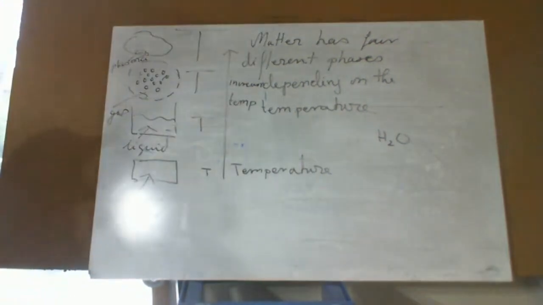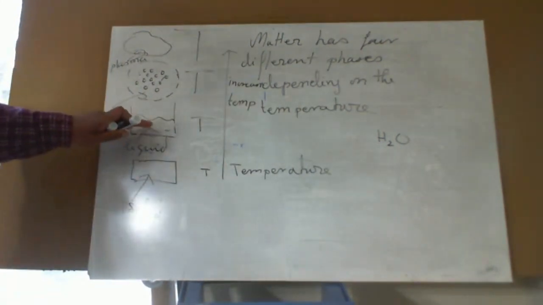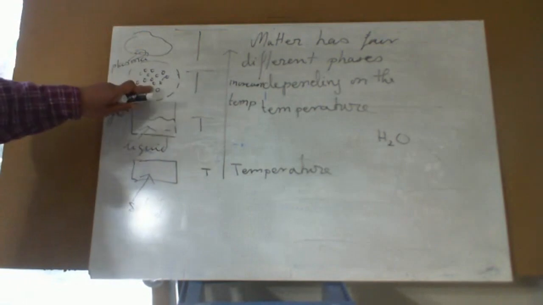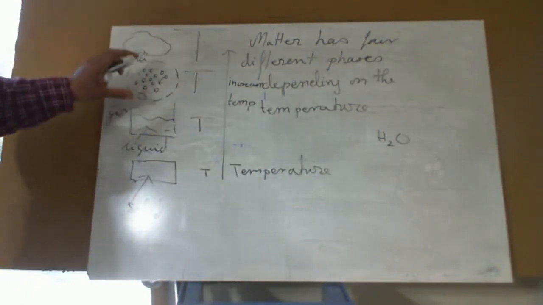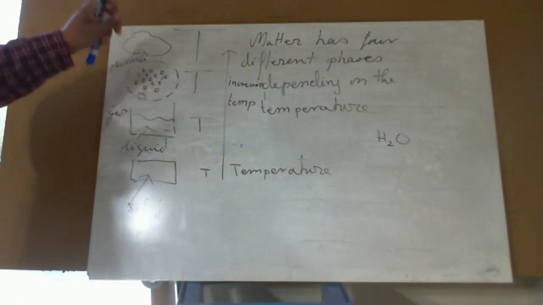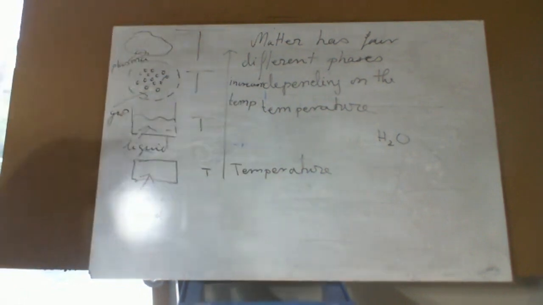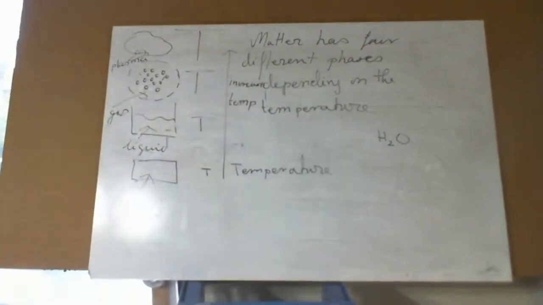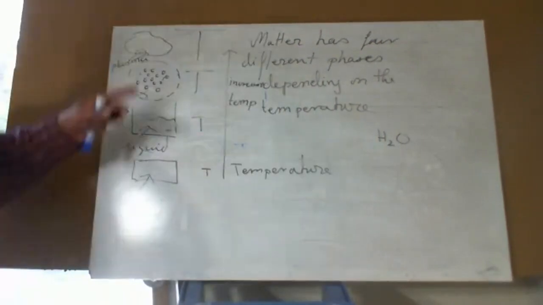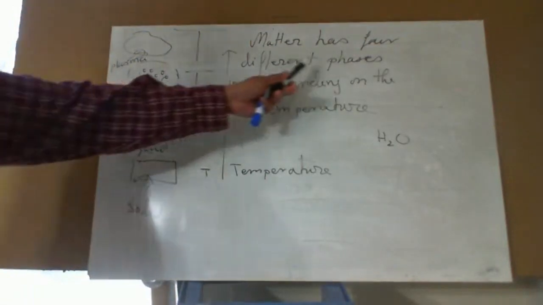So as you increase the temperature, a solid melts and becomes a liquid, then it boils and becomes a gas. And then if you heat the gas to a really high temperature, nearly 2000 Kelvin, the electrons begin to separate and it becomes a plasma.